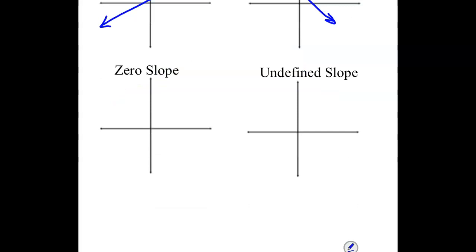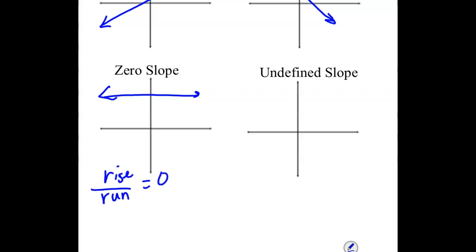What would a line that has a zero slope look like? I see some hands. Horizontal? Zero slope? Okay, so when we say something has a zero slope, we're saying rise over run has to equal 0, right?